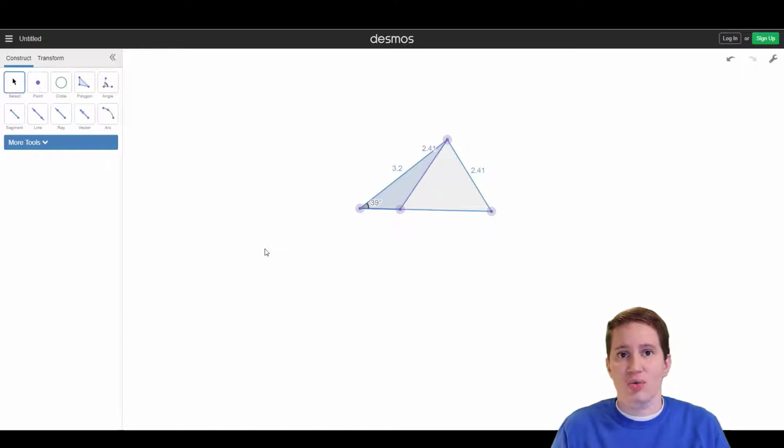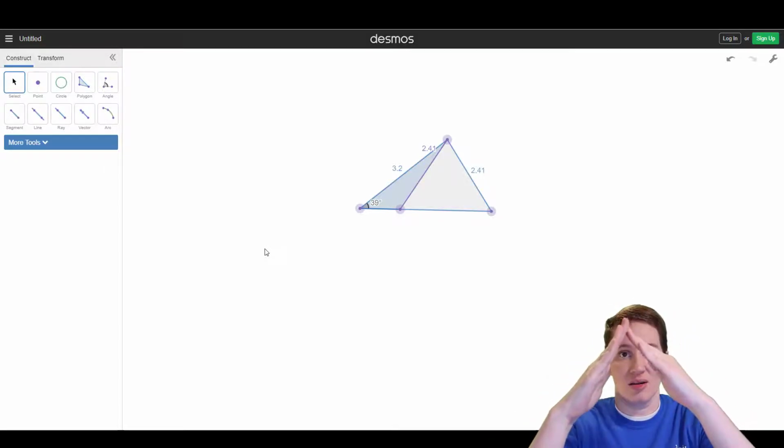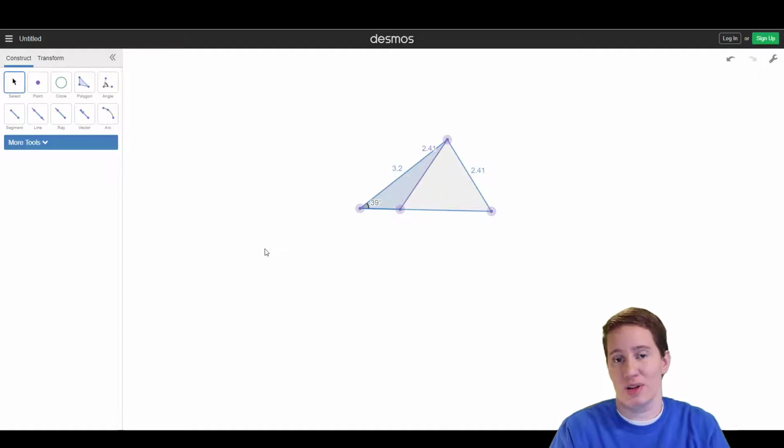But that's not the only triangle that we can make with those 3 things, because I made another triangle that also has 2.41. You can have the 2.41 going this way, or you can have it going over here, because we don't know anything about that angle up there.